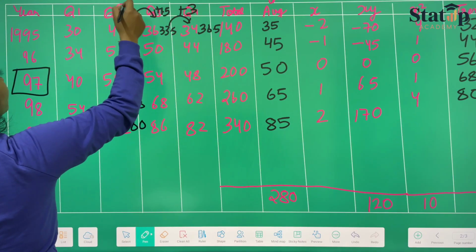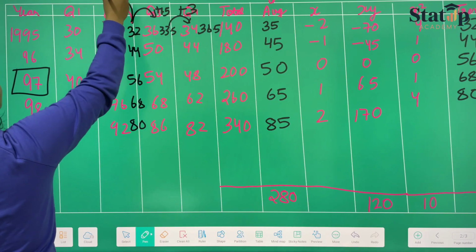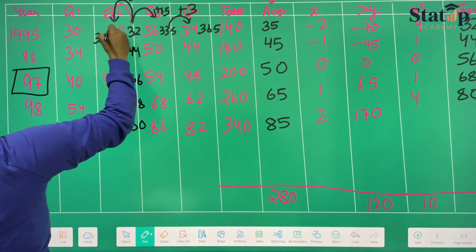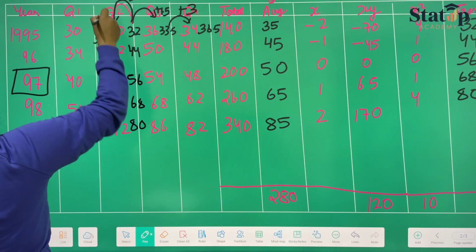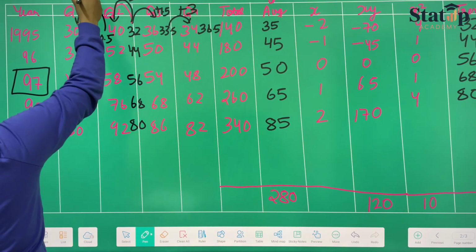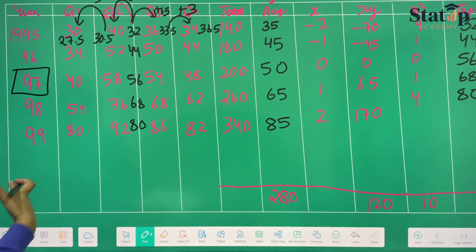Similarly, if we move to quarter number 2, we subtract 1.5, so it will be 30.5. And if we move from quarter 2 to quarter 1, it will be minus 3, which is 27.5. This is how we calculate the new trend values.